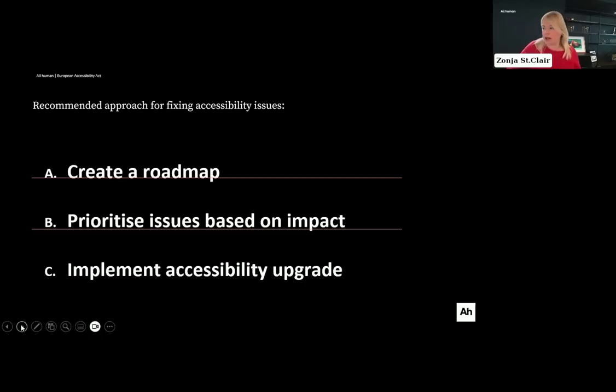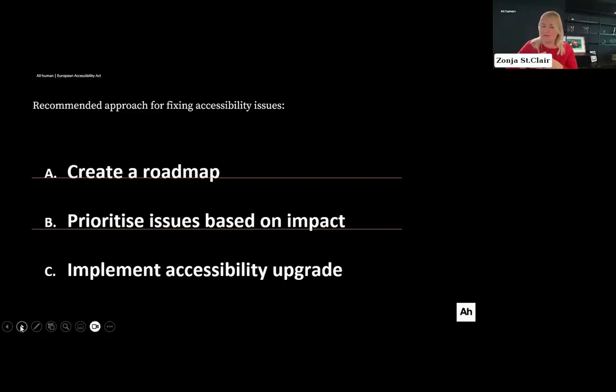Ideally, you'll have an external agency or someone in-house who is an accessibility expert that's able to read, understand, and implement these fixes. So what we would recommend is prioritize any critical issues, look at the high impact issues first, focus on the most visited pages such as the homepage and key landing pages, and then create a roadmap triaging the most critical issues on the highest traffic pages and working your way through the entire list of fixes.